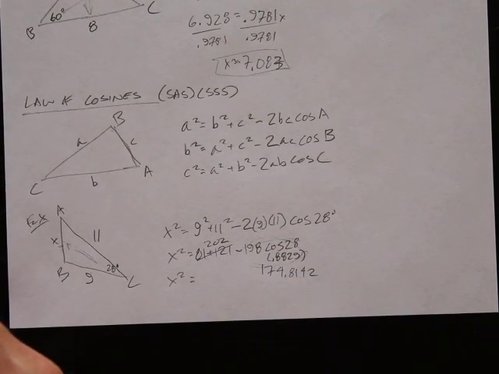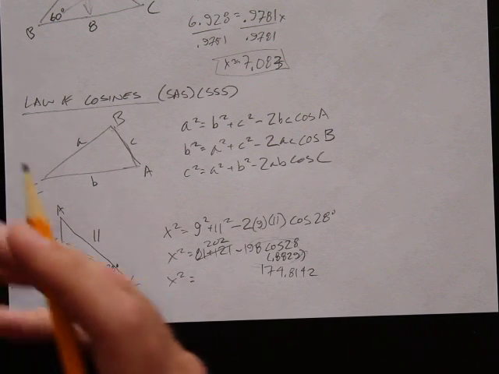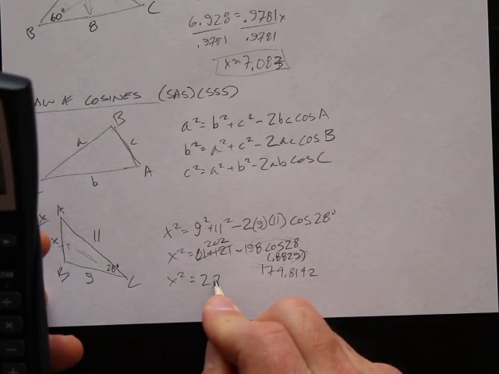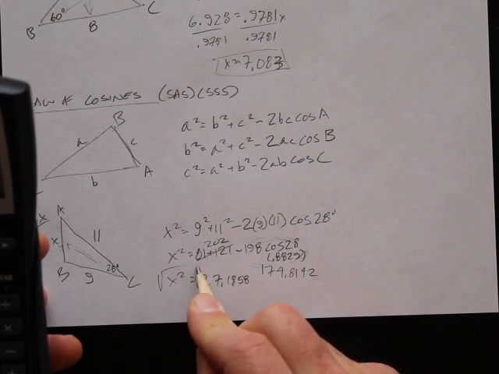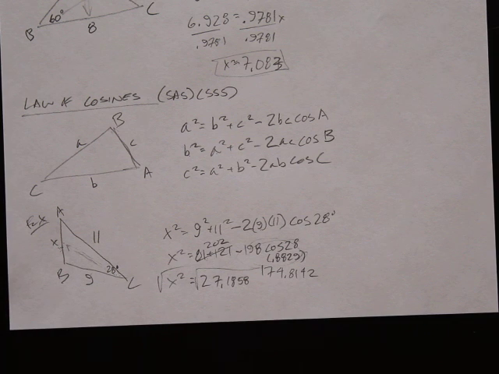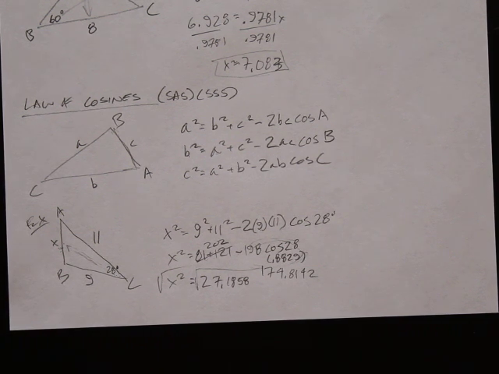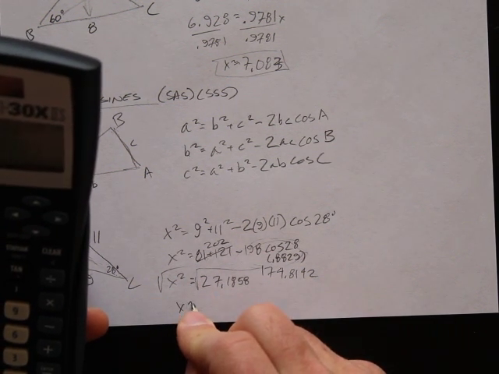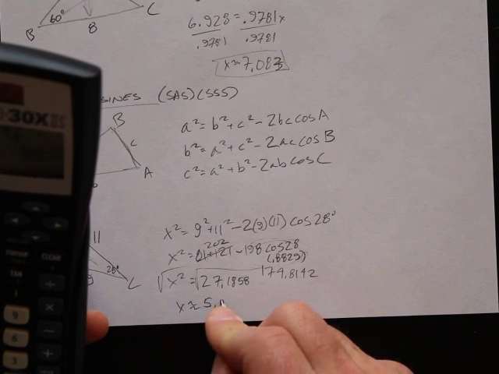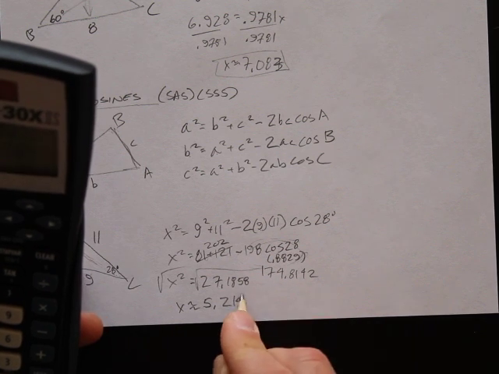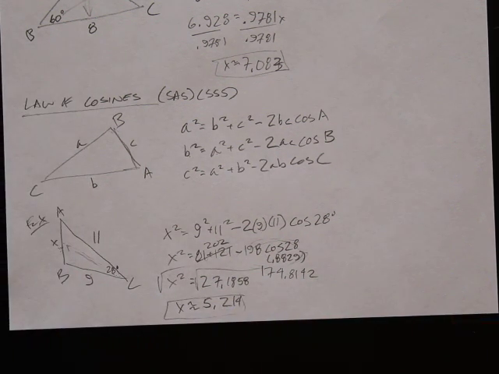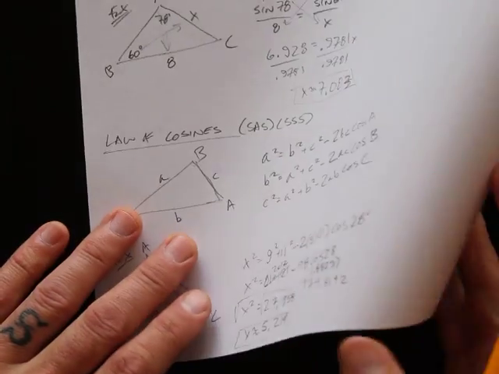Then I subtract that from 202, and I get 27.1858. I take the square root of that, and I get x is approximately 5.214. It's as easy as that.